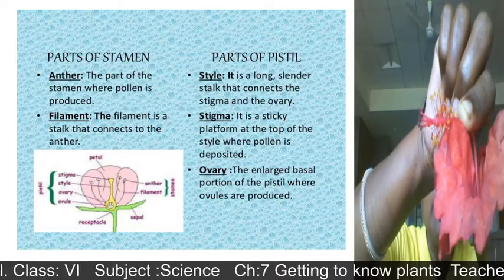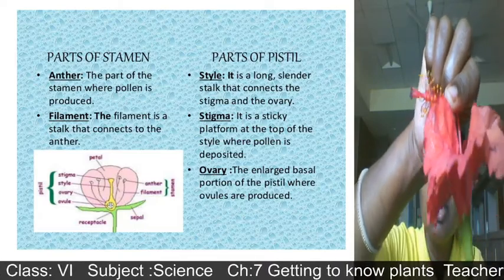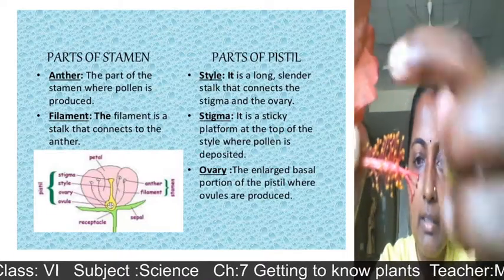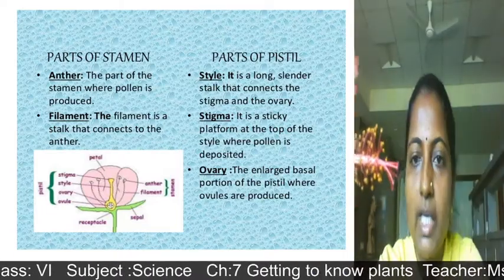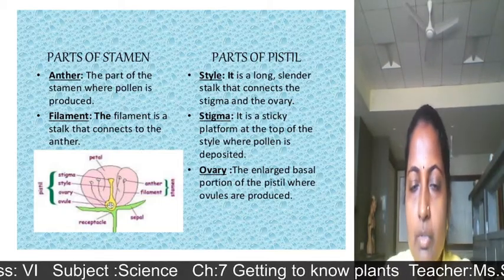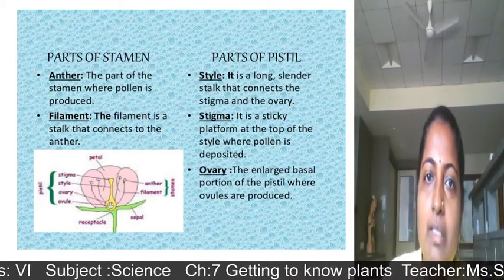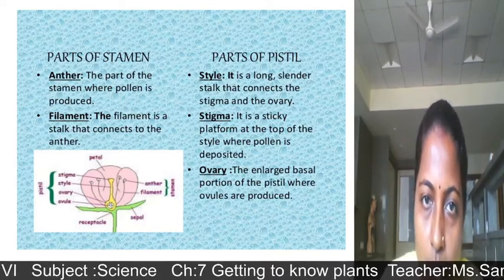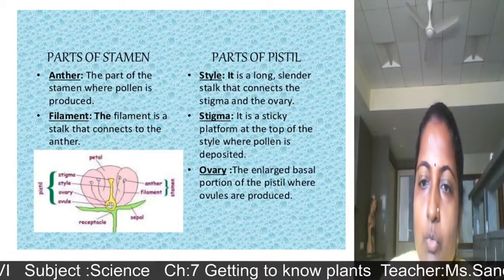And filament is a stalk that connects to the anther. Pistil, style: it is a long slender stalk that connects the stigma to the ovary.